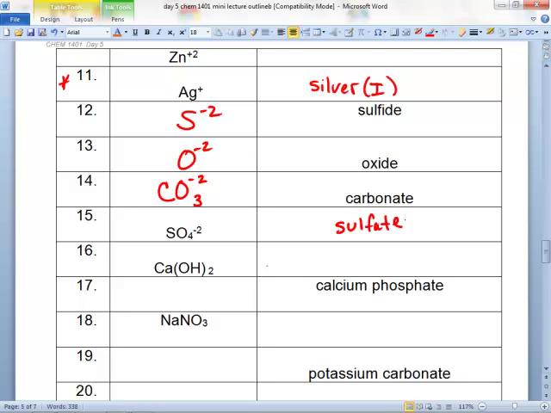Man, if you can name this thing 16, you are really on track here, Brianna. This is the tip of the peak here. How would you name that? Oh man, she's halfway there already. Calcium. Remember, this is just like the quiz.